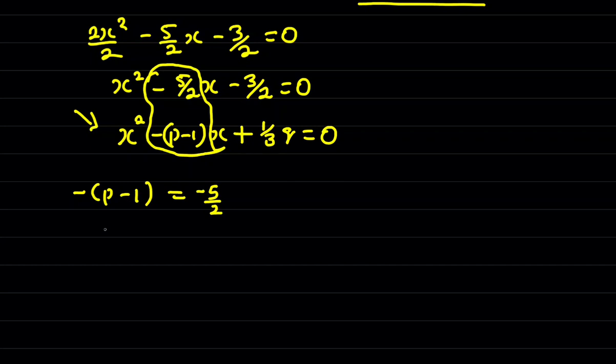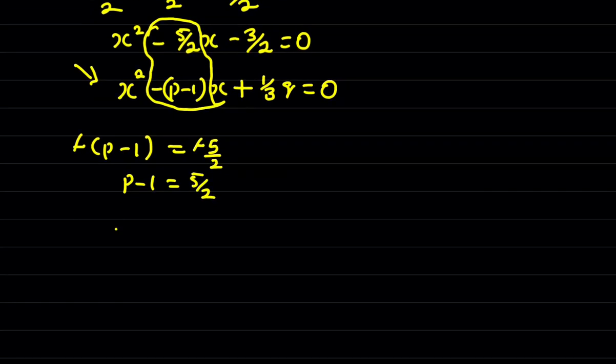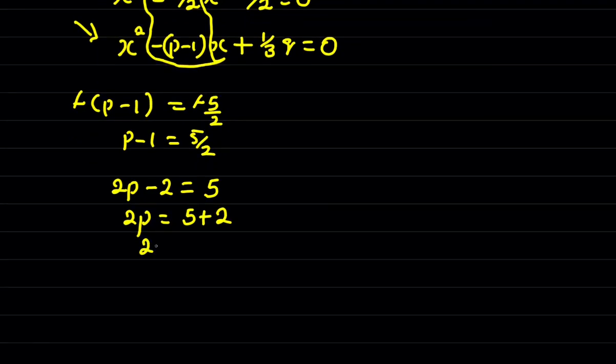So the negative can cancel out, so that p minus 1 equals 5 by 2. So you have 2p minus 2 equals 5, so 2p equals 5 plus 2. So 2p equals 7. So p is 7 over 2, or we can say 3.5. So we are done with that.